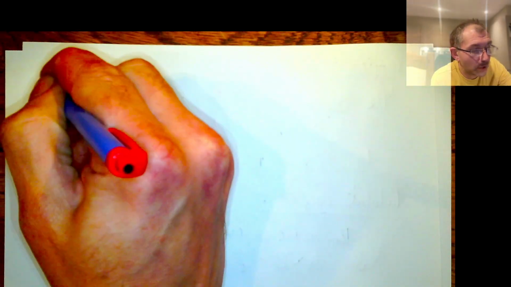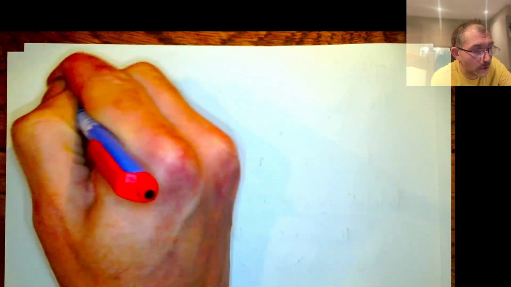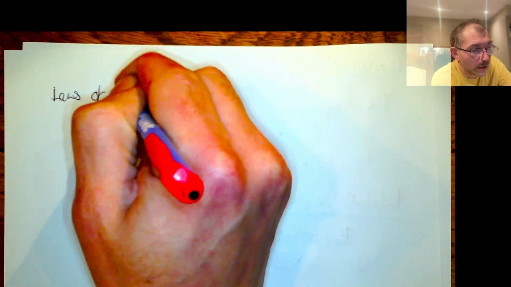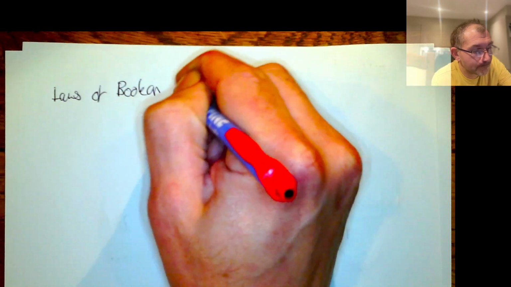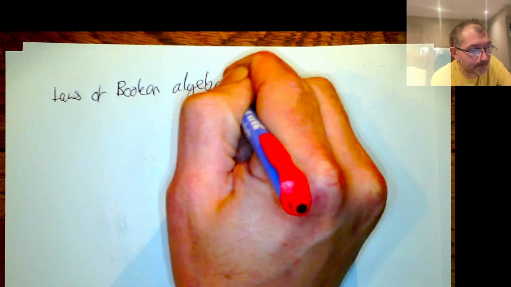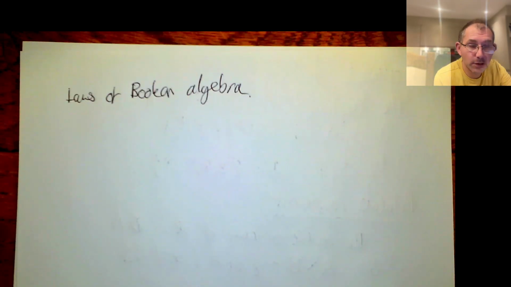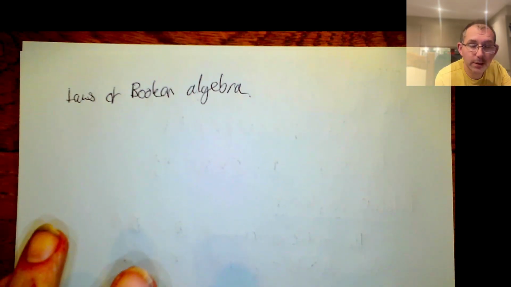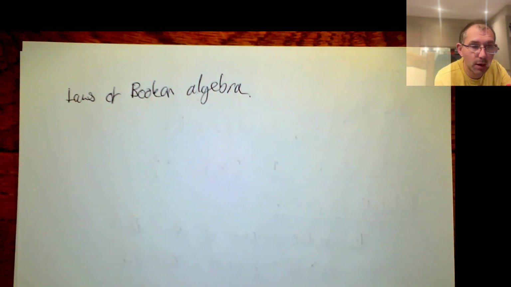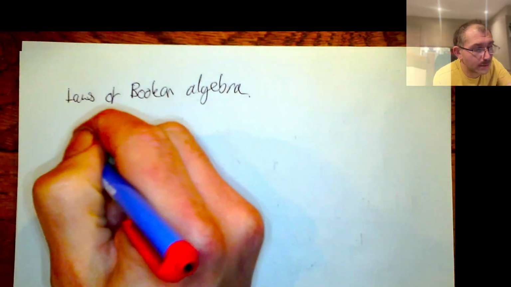Laws of Boolean logic, Boolean algebra. I am going to refer you back to that sheet. I'm not going to write them all out here, but we are going to just look at one in detail.